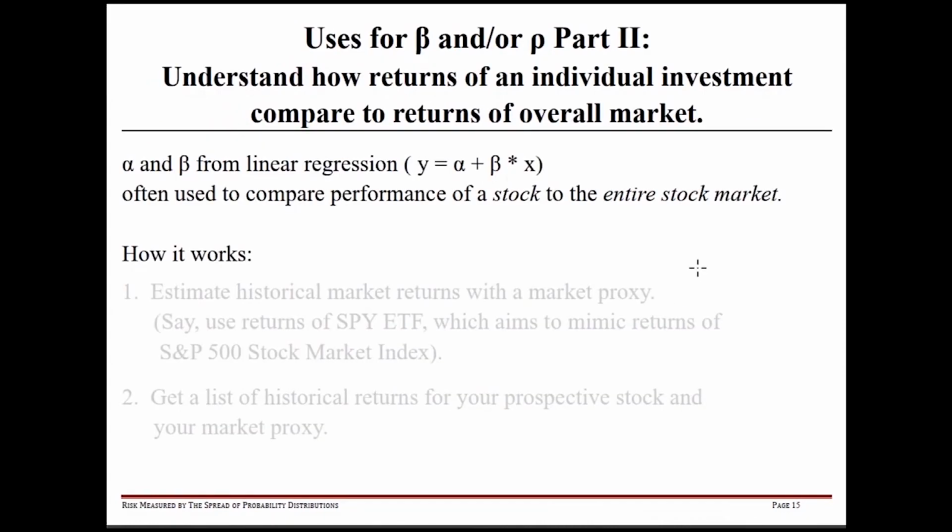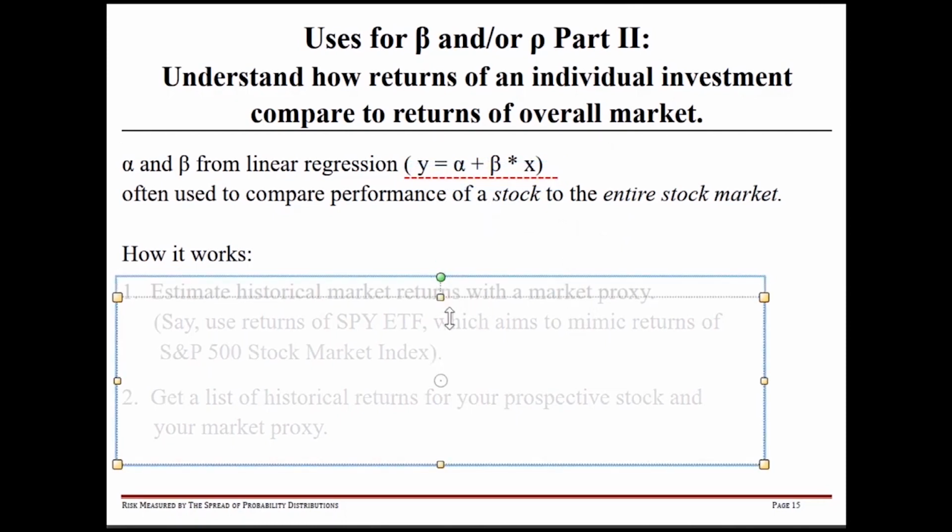Okay, so the second thing that we use beta and rho for is to help understand how the returns of an individual investment compare to the overall market. And mostly, honestly, we use our regression with beta, and we're also going to include alpha for this.